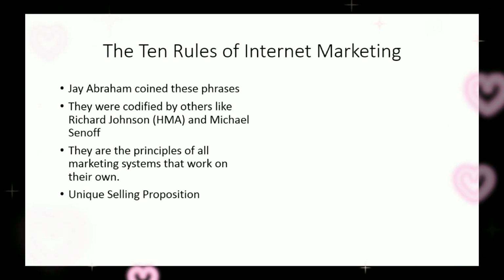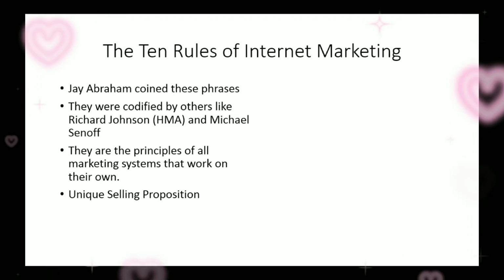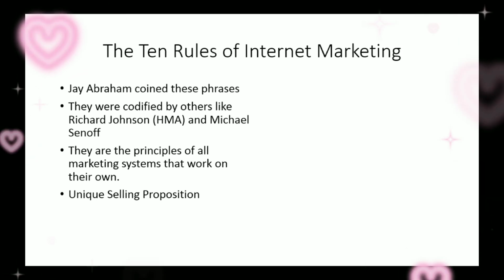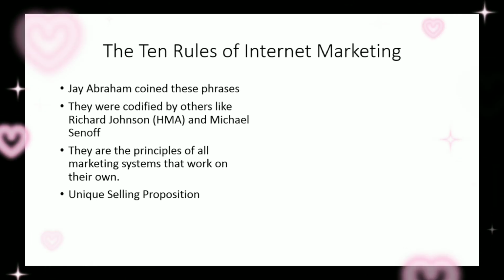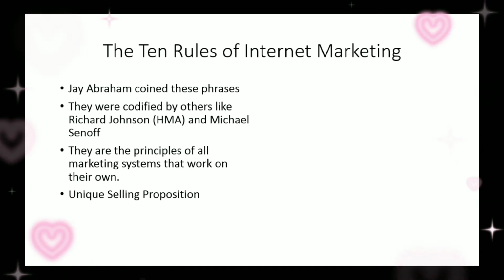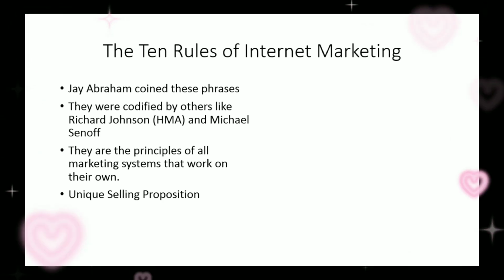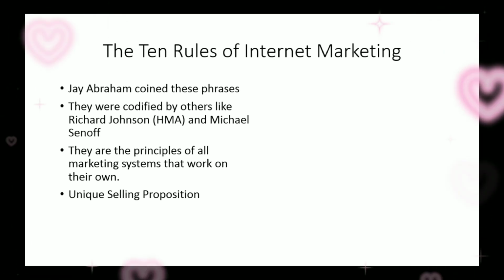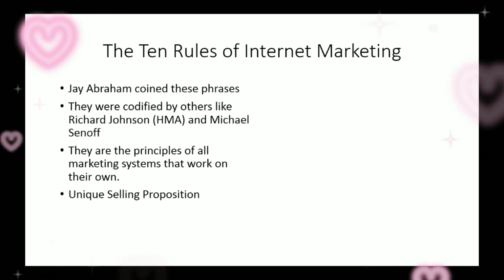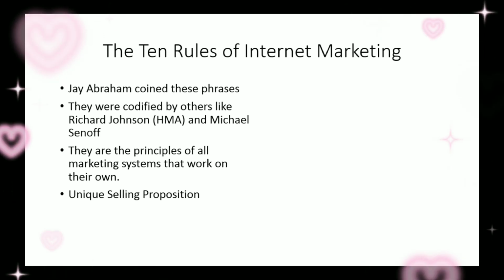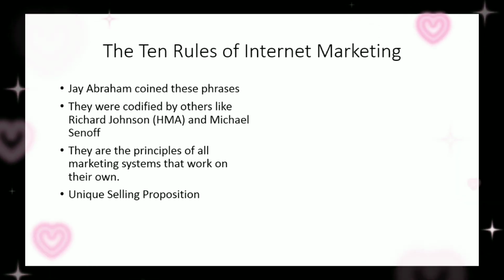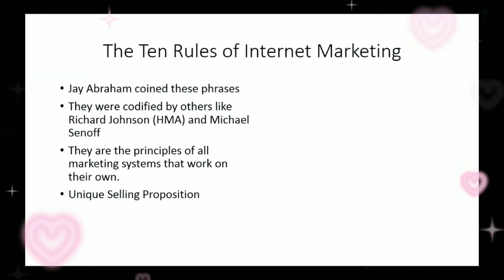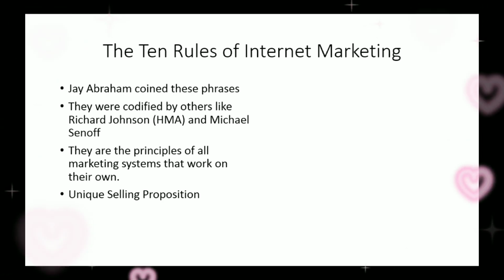Now, the first aspect that we want to talk about, you may have heard before, is called unique selling proposition. It basically means, what is it that your product or your service, your brand does that someone cannot get elsewhere? So for every product, when you bring it to market, it should have something that people cannot get elsewhere if you want it to sell quickly and effectively.